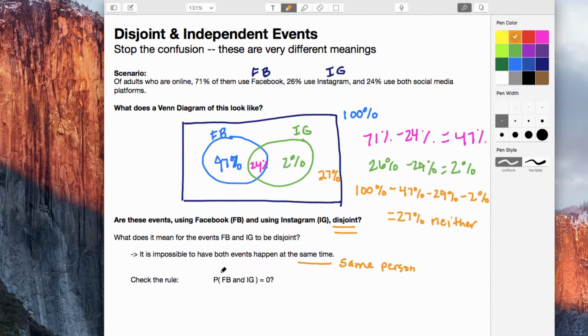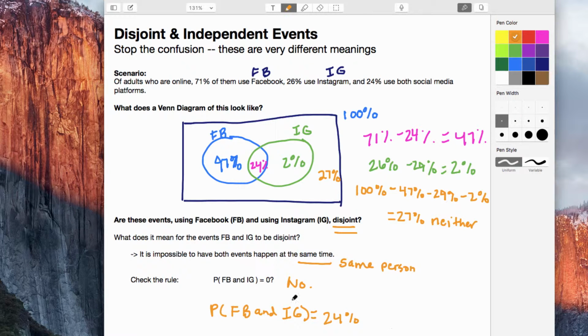So the probability of using Facebook and Instagram, was it equal to 0? No, we did find people who used both. The probability that someone used Facebook and used Instagram for their social media was given to us in the upper part of the problem. It said that 24% used both.